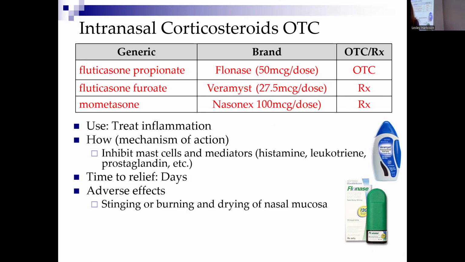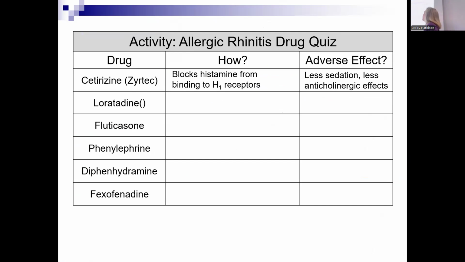They're very similar, but there's some other molecule, and the second one there is a prescription. Then there's mometasone, Nasonex, which that dosage is a prescription as well. So there are usually just small variabilities that make it either over the counter or prescription.